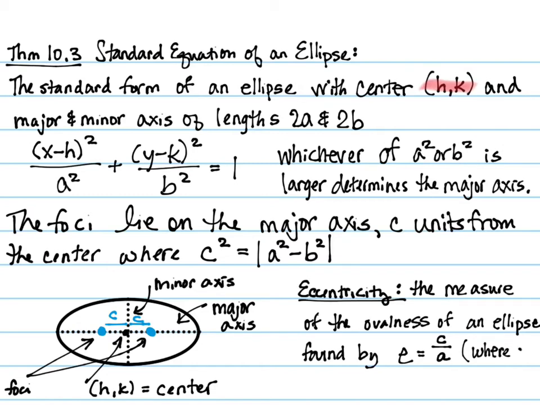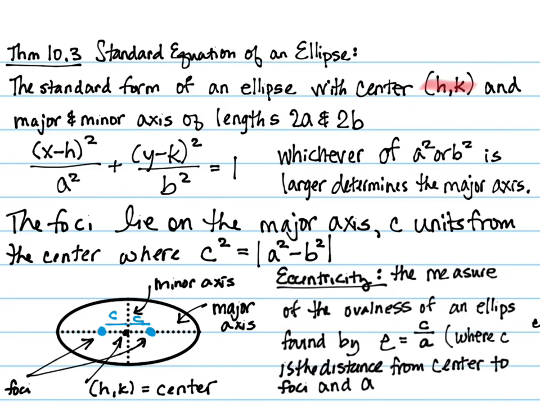So where c is the distance from center to foci, and a is half the length of the major axis. Sorry, that's crammed in there at the bottom. I hope you can still read that.